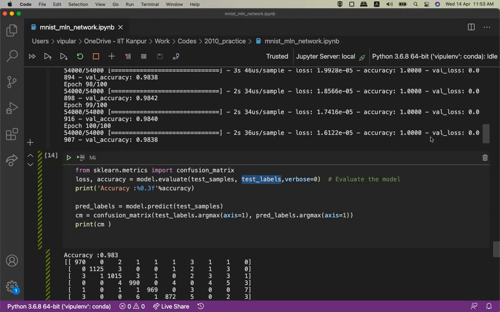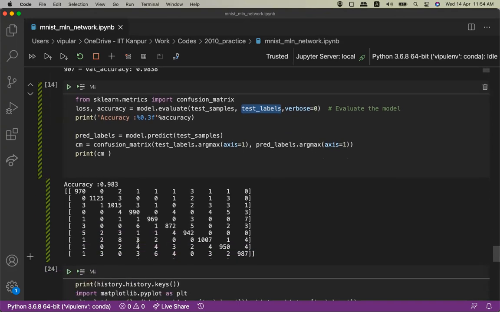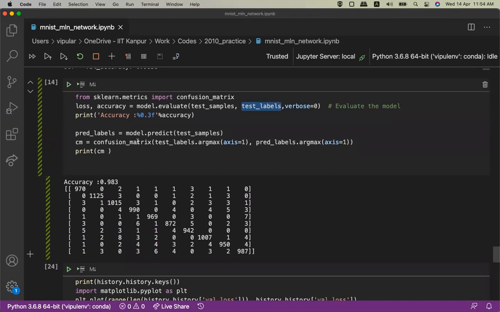Otherwise, just looking at the training data, we would have said, oh, our algorithm is perfect. But our validation result says no, it is not perfect. It is 98.4% something. And then you want to see class-wise results. Which two classes are confusing?